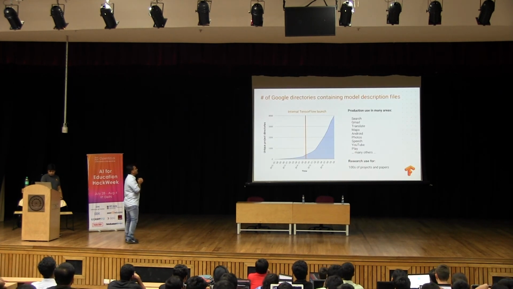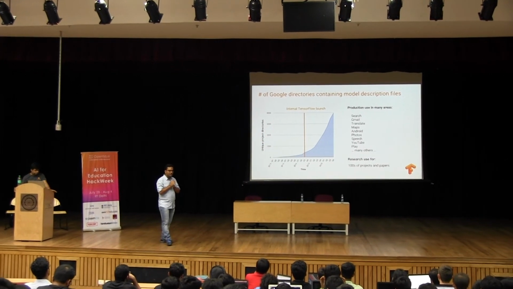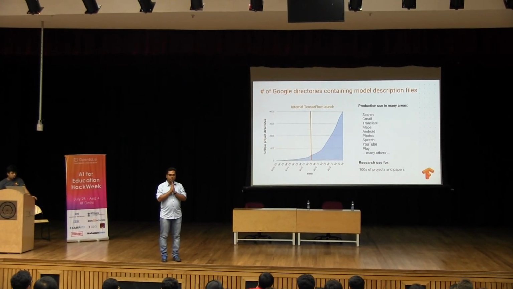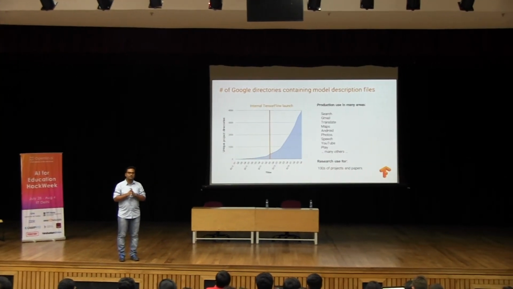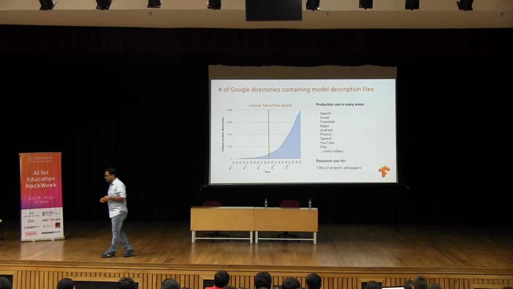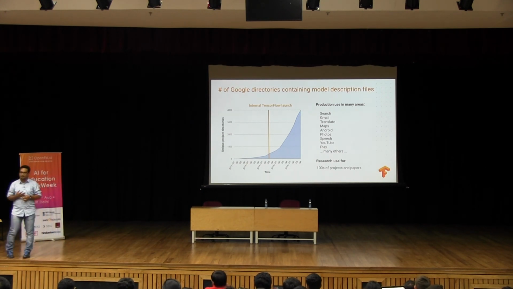The number of Google directories containing model description files. Again, TensorFlow. If you get some time, go to github.com and see Google's account. There are a lot of such folders related to every product, which contain some of the examples that we can share on how we are using TensorFlow.